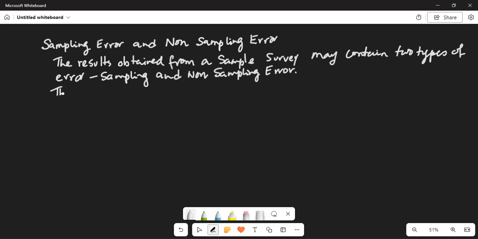The sampling error is also called the chance error.